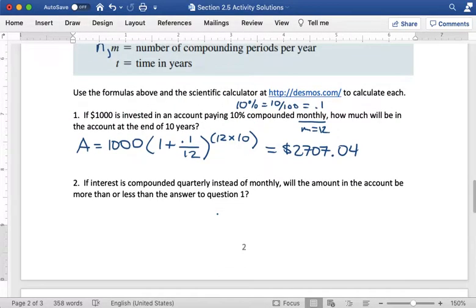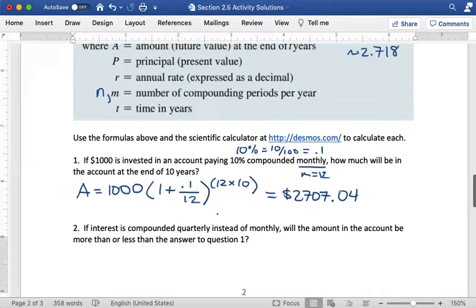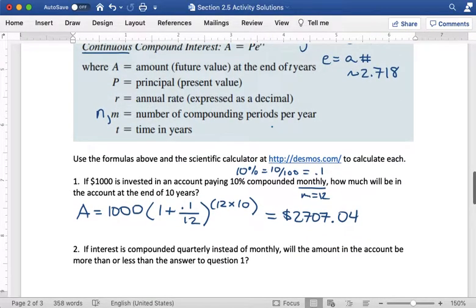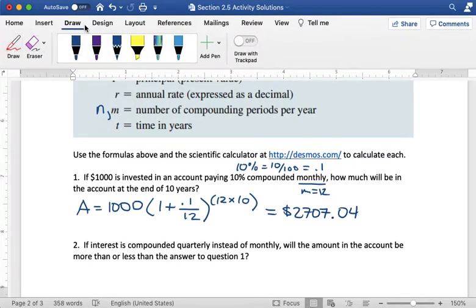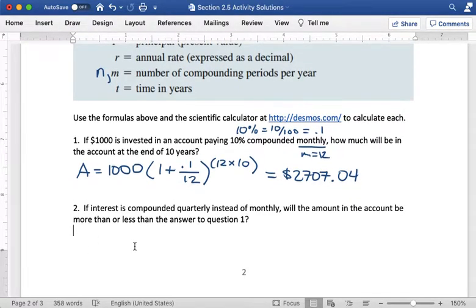But to answer the question, all we need to do is recognize that the more times that we are compounding, the more money that we make. So if we're compounding less frequently, then there will be less in the account. So I'm just going to type this in here. Compounding more frequently leads to more in the account.